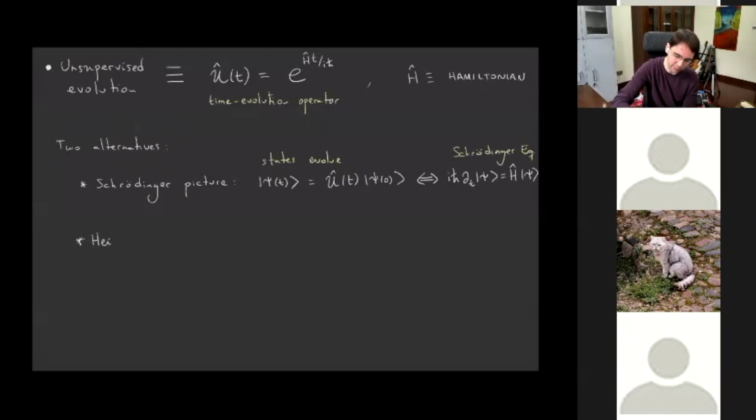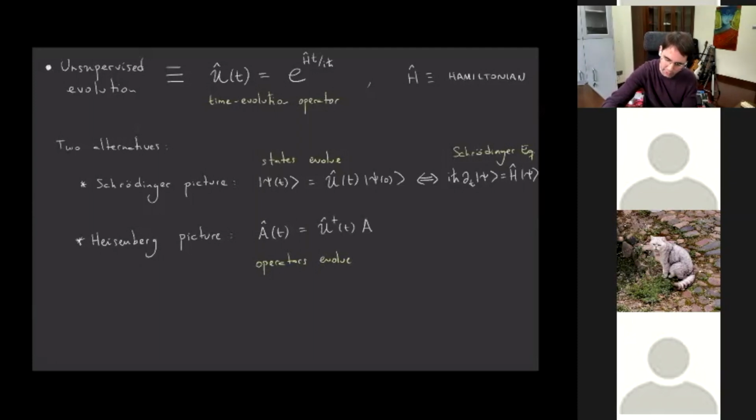Instead of using this Schrodinger picture, so instead of states evolving, we can use something known as the Heisenberg picture, in which now what evolves are operators. So now operators evolve, and states remain fixed. And the operators evolve in this specific way.